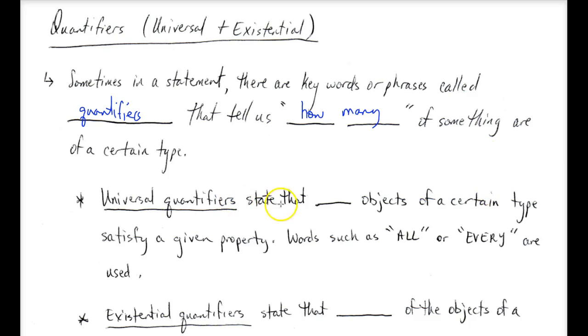Now, for a universal quantifier, universal quantifiers state that all objects of a certain type satisfy a given property. Again, universal includes everything. So it says all objects of a certain type satisfy a certain property. And we know that we have a universal quantifier when we see words like all or every used in the statement.